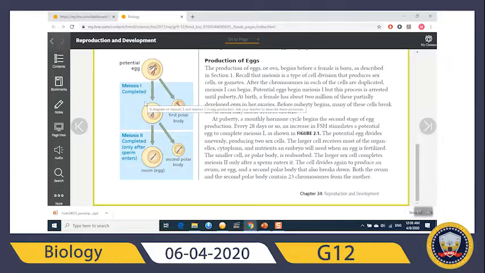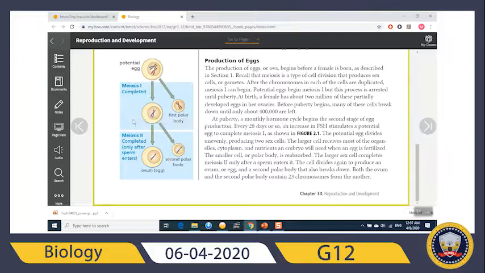Of course, if you remember, sex cells undergo meiosis. They do not undergo mitosis. Mitosis is for somatic cells, but meiosis is for sex cells. Now, meiosis 1 will prepare the potential egg and divide it into 2 cells, a larger cell and a smaller cell.